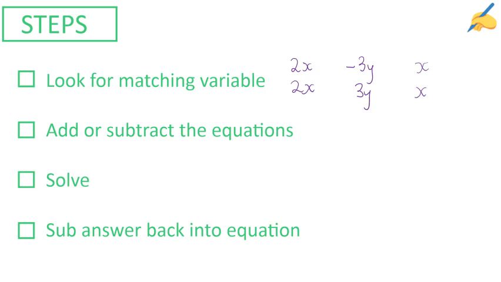Then you're going to add or subtract the equations to eliminate the variable. I'll go into more detail about that on the next slide. Then you're going to solve for the variable that's left after you've eliminated, and then at the end sub this answer back into the equation to find the value of the other variable.